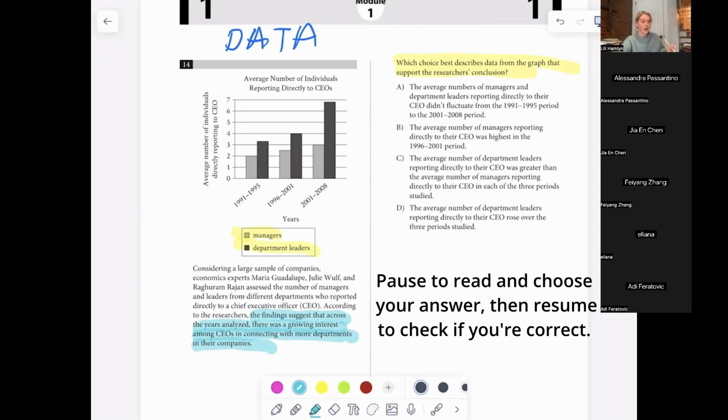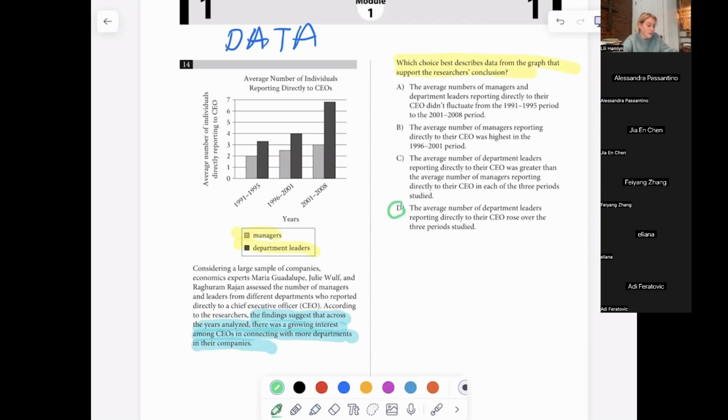All right. Here the correct answer is D: the average number of department leaders reporting directly to their CEO grows over time. We can see this one, and then here, and then here, so there's an upward trend. The reason it's D is that the conclusion says there was a growing interest among CEOs in connecting with more departments in their companies.